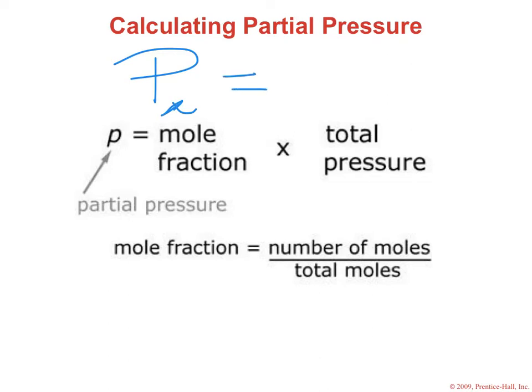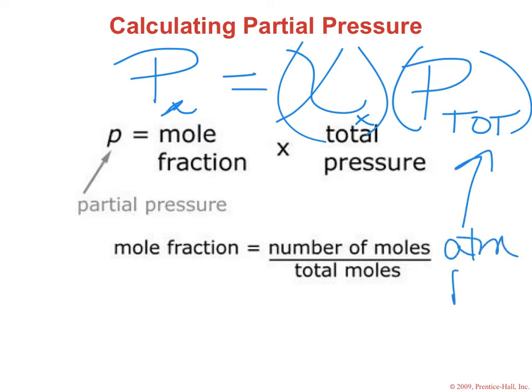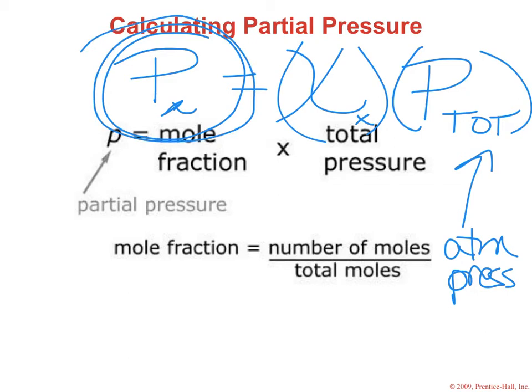You can find that if you know the mole fraction of that substance in the mixture, and you multiply the mole fraction times the total pressure, which again, under normal conditions, is typically simply atmospheric pressure. So what this basically tells you is that the partial pressure of a gas in a mixture is directly proportional to its mole fraction in the mixture.